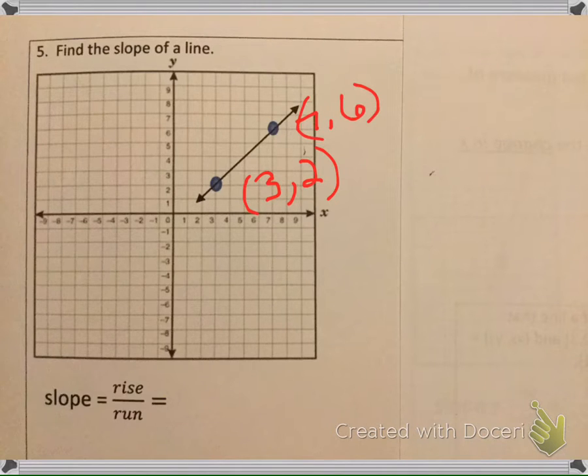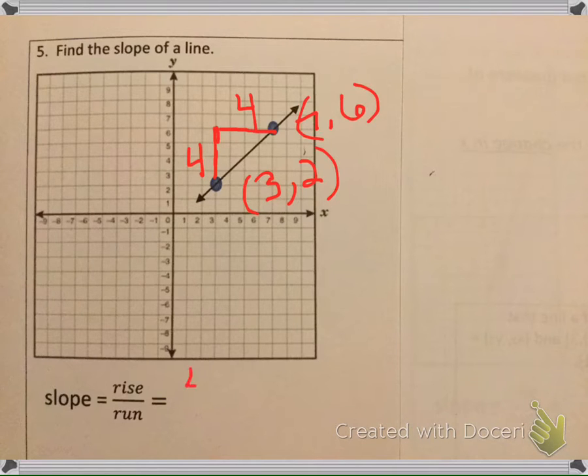Okay, and I'm going to count here. I have 1, 2, 3, 4. Should be my rise. And my run, 1, 2, 3, 4. I should double check that. Okay.